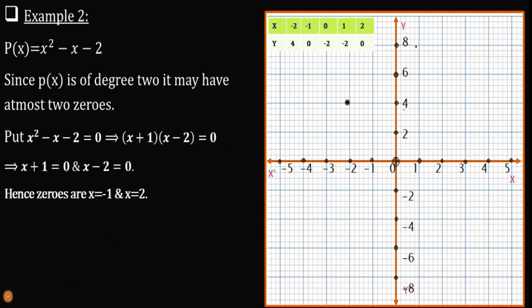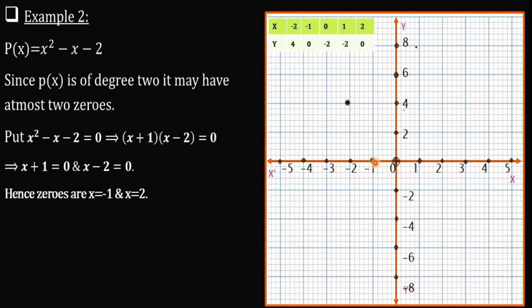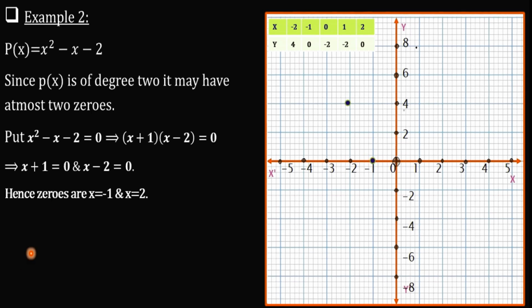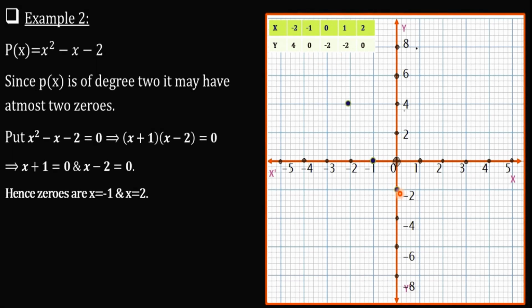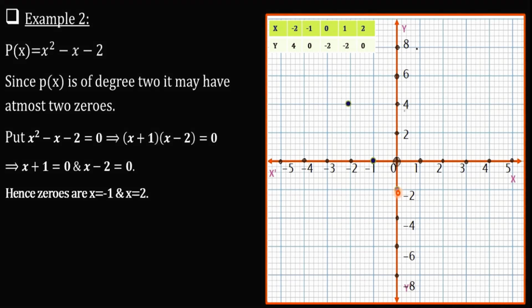Next, negative 1, 0. That is, x is negative 1 and y is 0. That is this point, the intersection of x equal to negative 1 and y equal to 0. Next point, 0 comma negative 2. That is, y is negative 2 and x is 0.